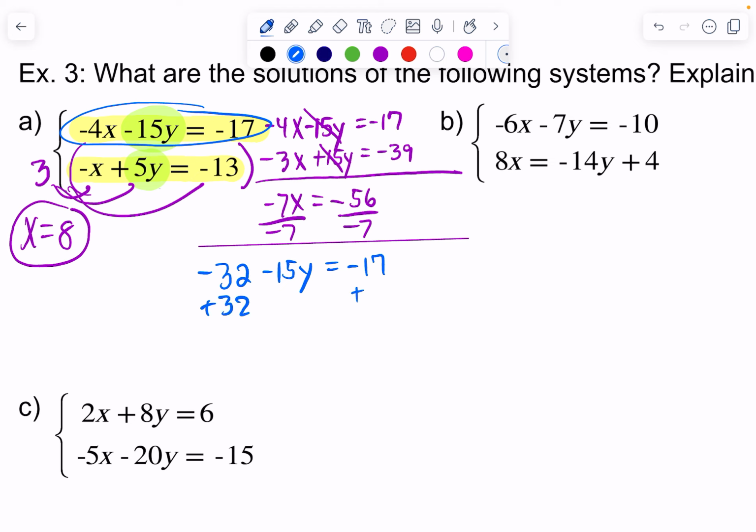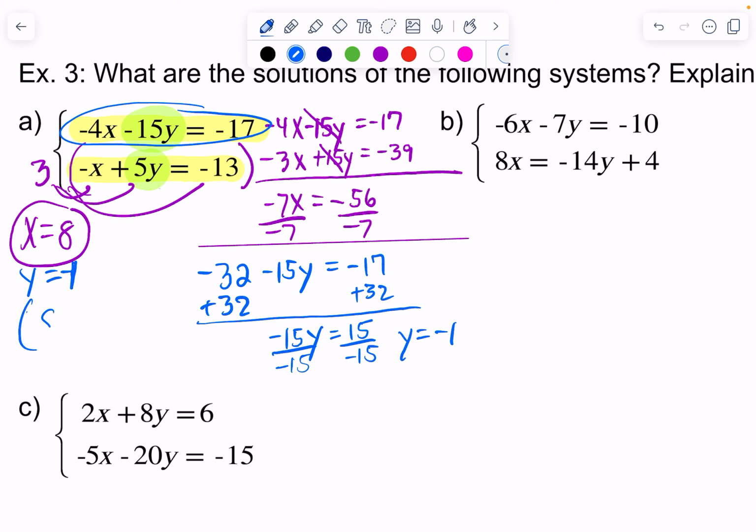Add 32 to both sides. Negative 15y equals 15. Divided by negative 15, y equals negative 1. So my solution is 8, negative 1.